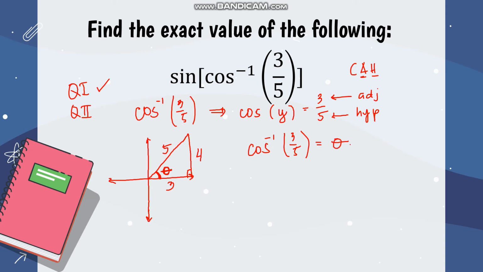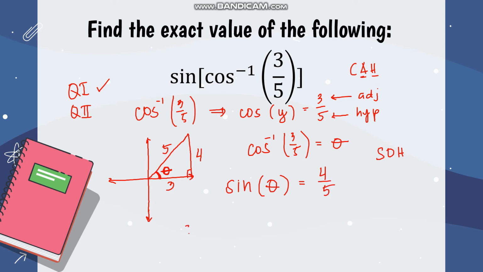And we will now use this in our original expression. So we now have sine of theta. And since you have the triangle, you can already identify the sine. Sine can be solved using opposite over hypotenuse. So therefore, the sine of theta is 4 over 5.